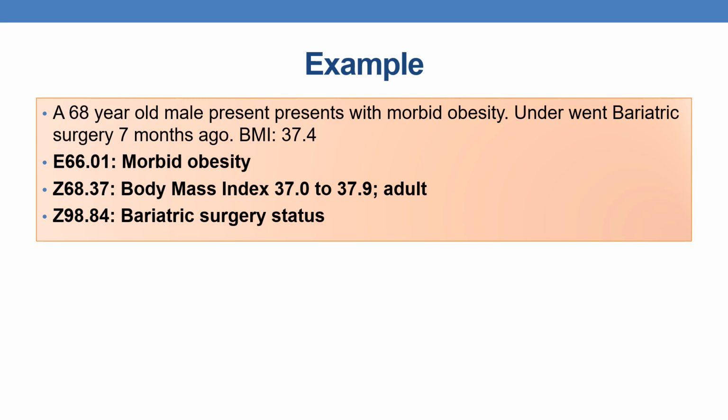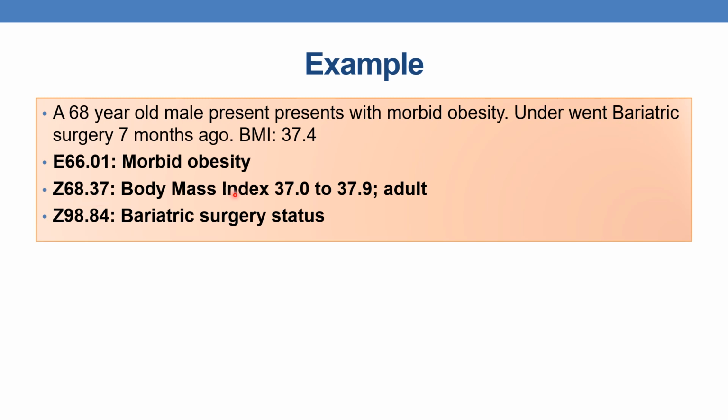Now let us see an example. A 68-year-old male presents with morbid obesity. Underwent bariatric surgery 7 months ago and the current BMI is 37.4. So first the reason for visit is morbid obesity, that is E66.01, followed by BMI, that is Z68.37.